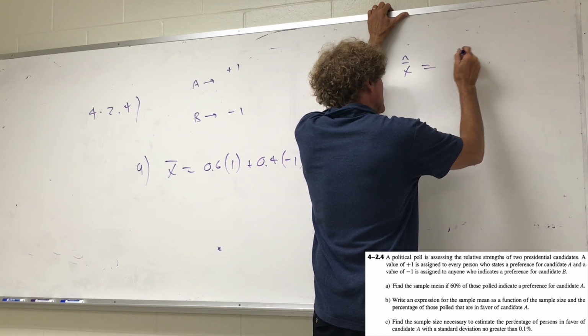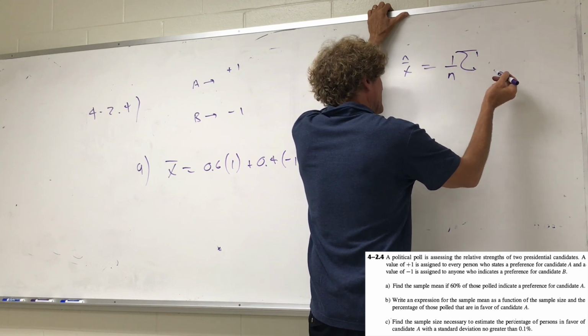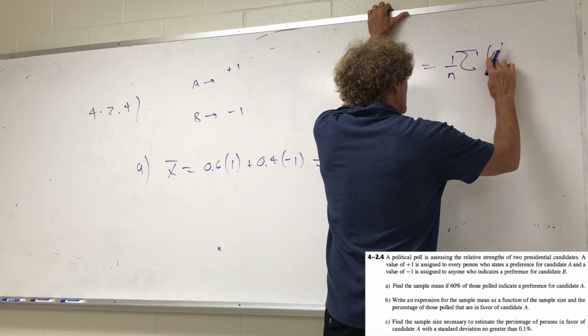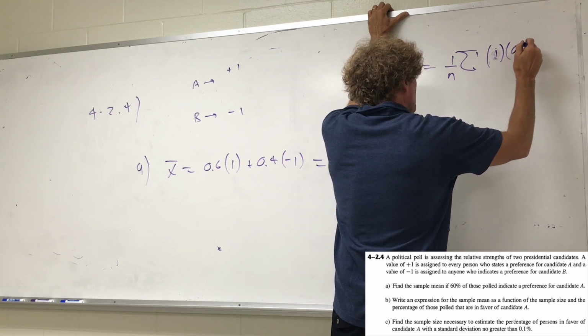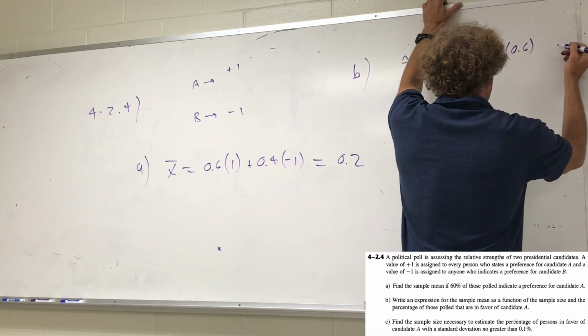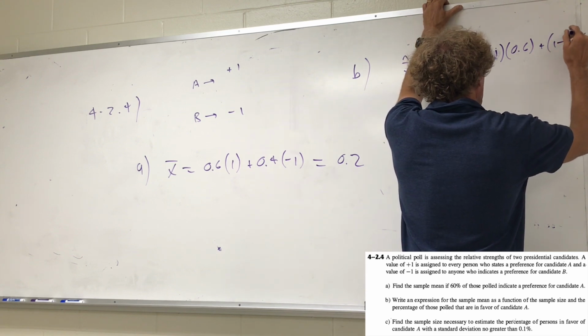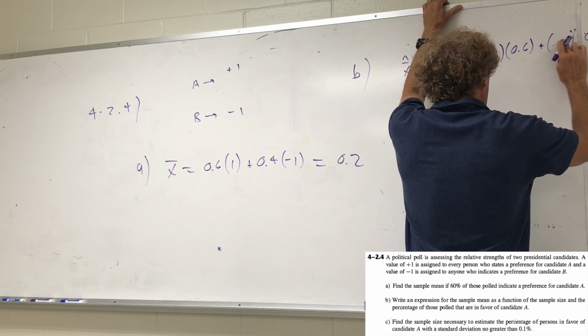Well, it's still going to be a summation here of 1 over n, that would be the number, right? But this is very odd. I'm sorry. This is going to be i times 0.6, and then plus 1 minus i times 0.4.